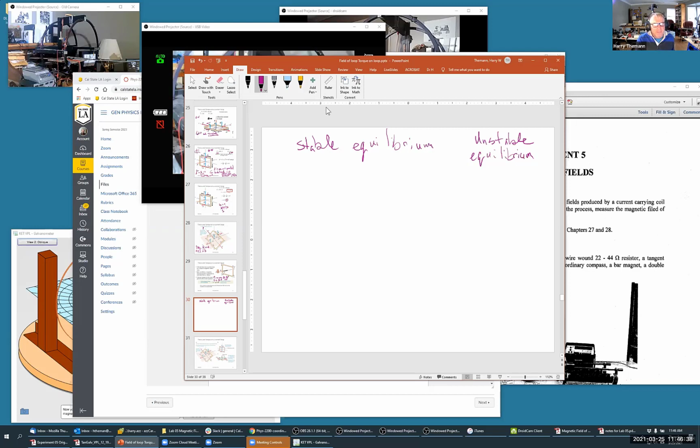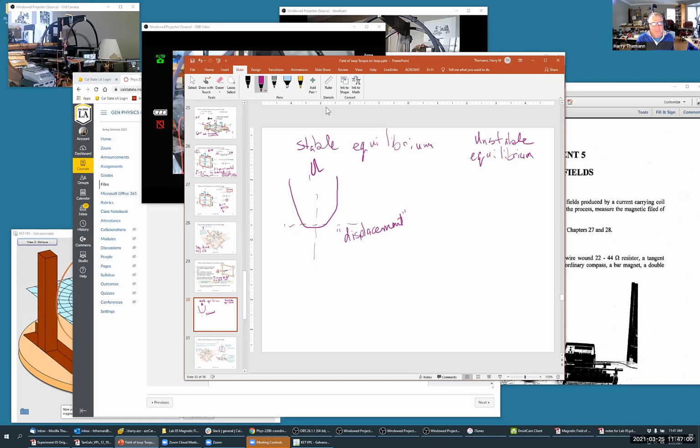A stable equilibrium is characterized by the so-called teacup potential. So if this is potential energy, and this is some sort of displacement, and I'm going to put displacement in quotes because it could also be a rotation.